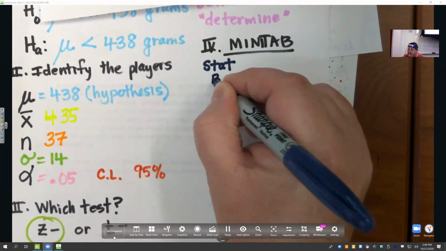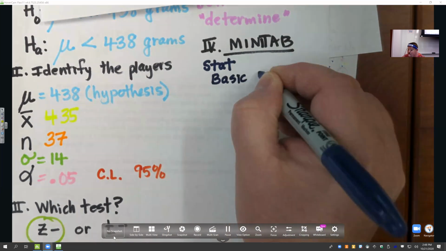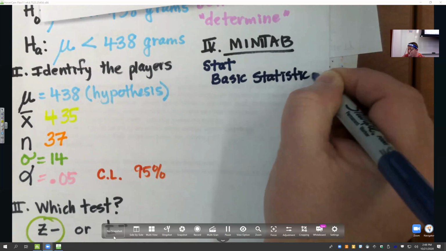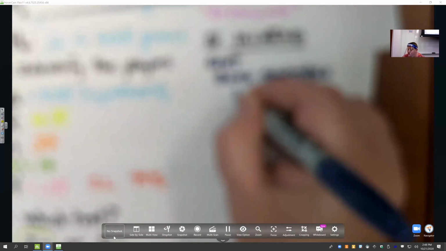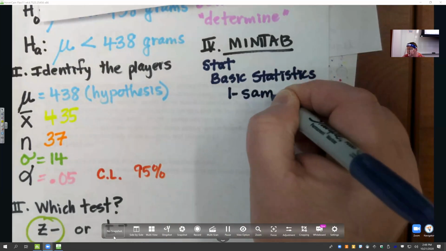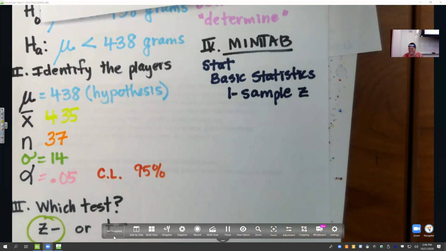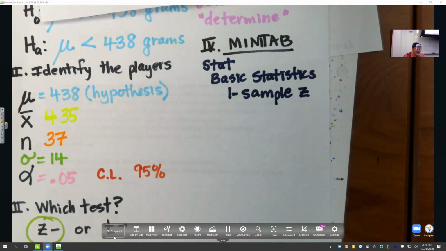We choose Basic Statistics, and then we choose one sample Z, which, if you think back, are the exact keystrokes that we used before for the interval. We have to do a little bit extra with the command this time.